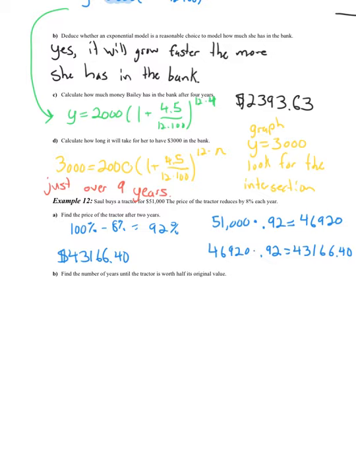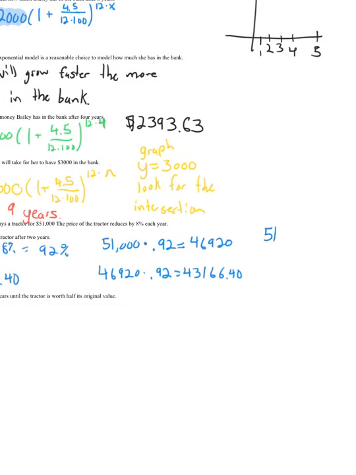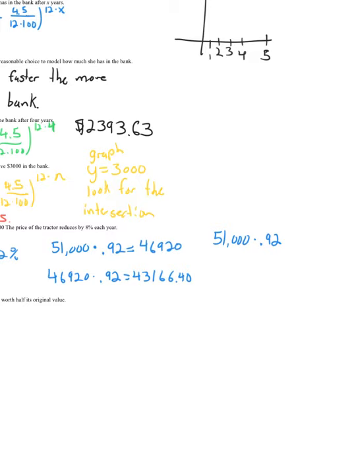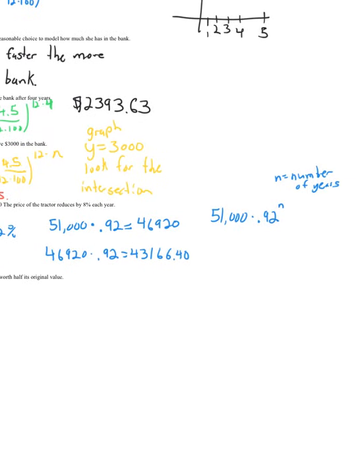I think this one is going to be an exponential problem where we would say to the n power, where n is the number of years. It kind of throws us back into those probability problems. All right, so we could do 0.92 to the n power.